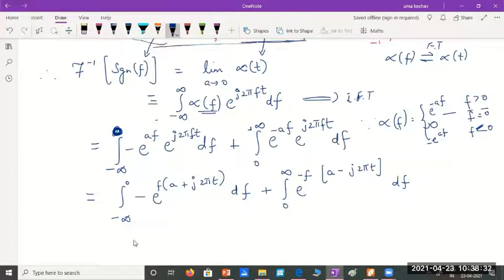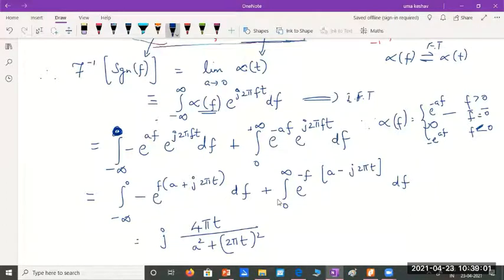And once you find the integral and substitute, I think this will approximately come to j, and then as far as I remember, a square plus 2 pi t the whole square.